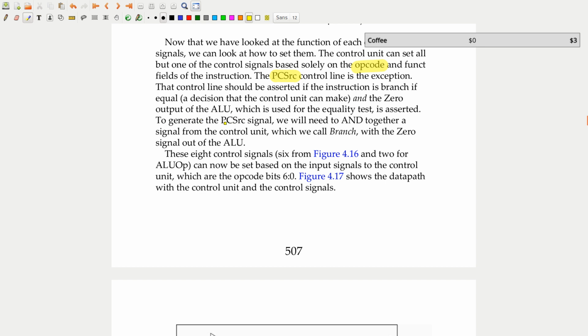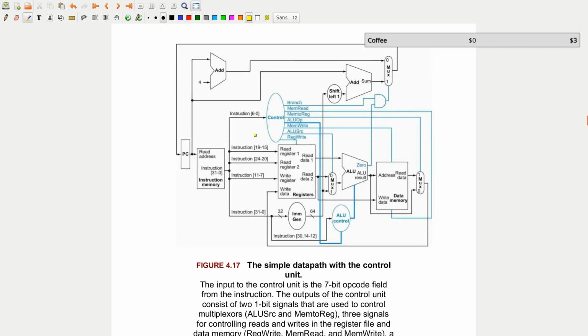So to generate the PC source signal, we need to AND together a signal from the control unit, which we call branch, with a 0 signal from the ALU. So this basically says that we just need to make sure we're only going to branch if things are equal. Generally for equality, we will subtract 2 things to calculate equality.